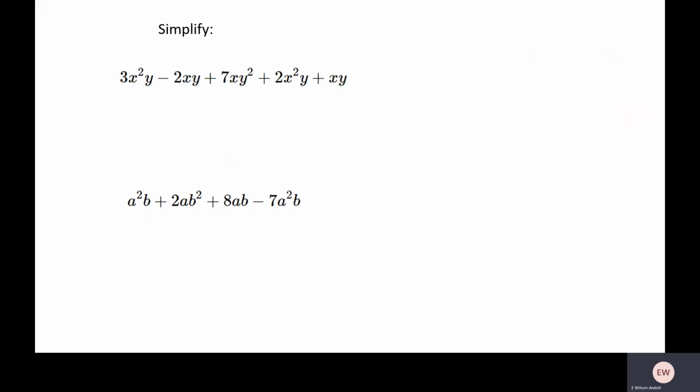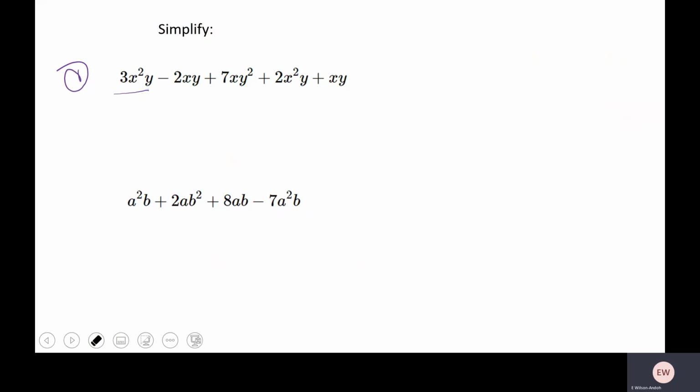So in this question, if we pick the first expression, if we compare the first term with the second term, these two are not like terms because the power of x here is 1 and the power of this is x squared. They are not like terms. So we look at the third term.